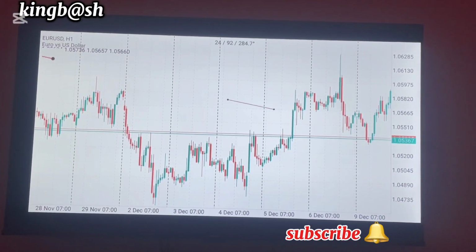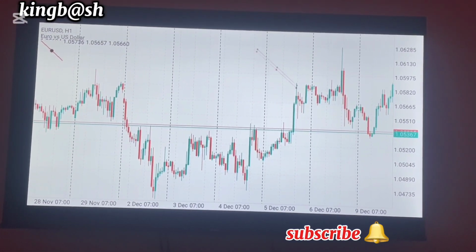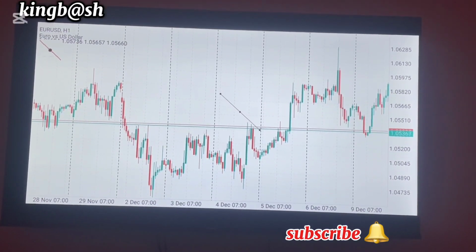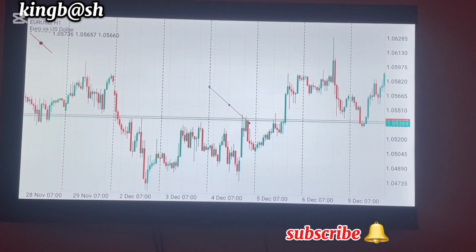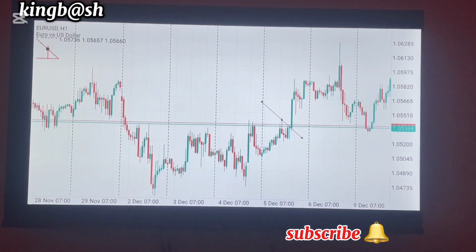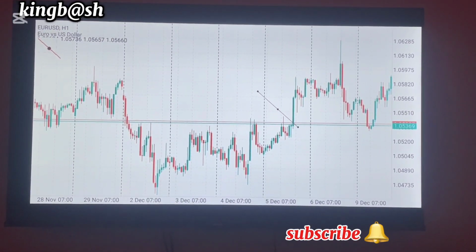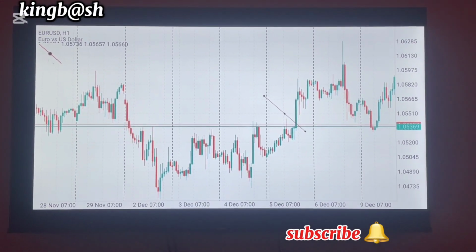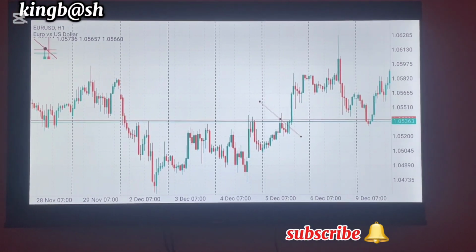You can see all these vertical lines here, they represent 1 day. From here to this black dotted line is 1 day. So when you go to the daily candle, you see only one candle. All this information from here to here is one complete day.